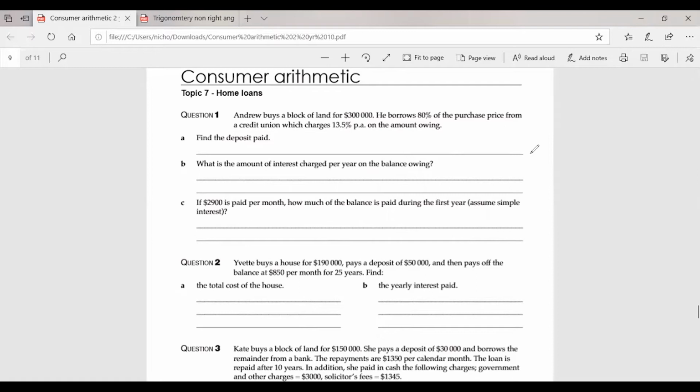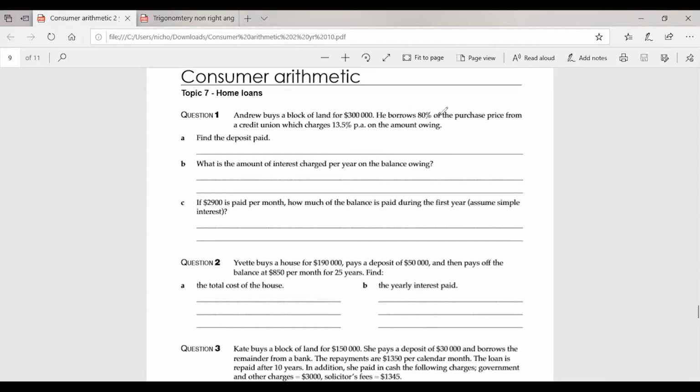We're going to use the simple or compound interest formula. Compound. All right, so first of all, we have to find the deposit.